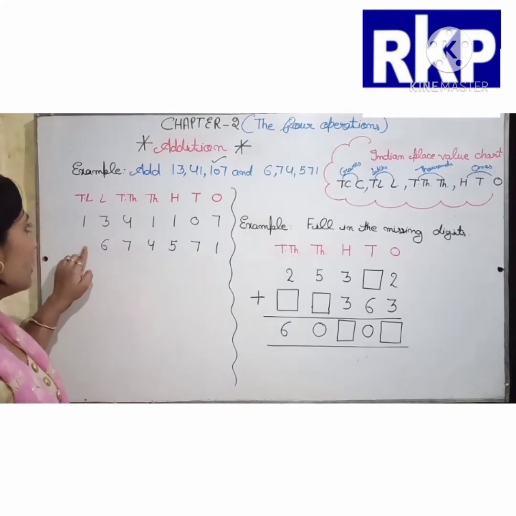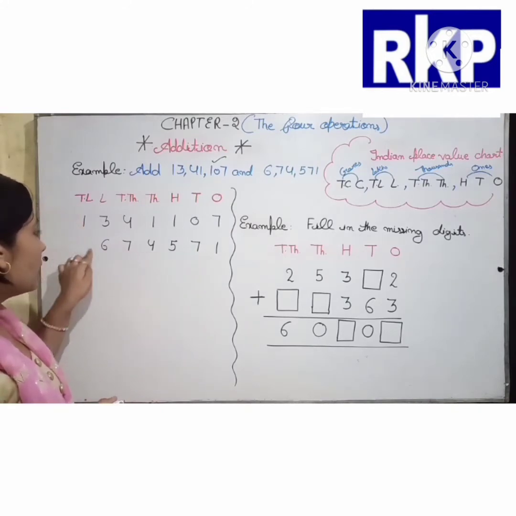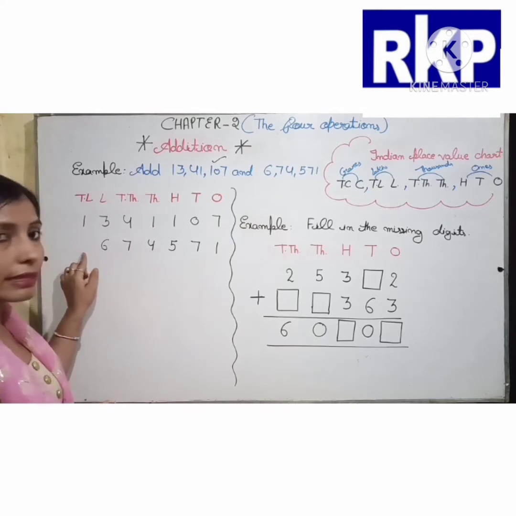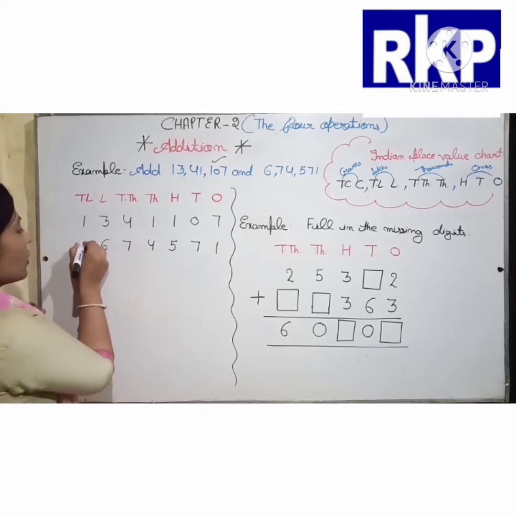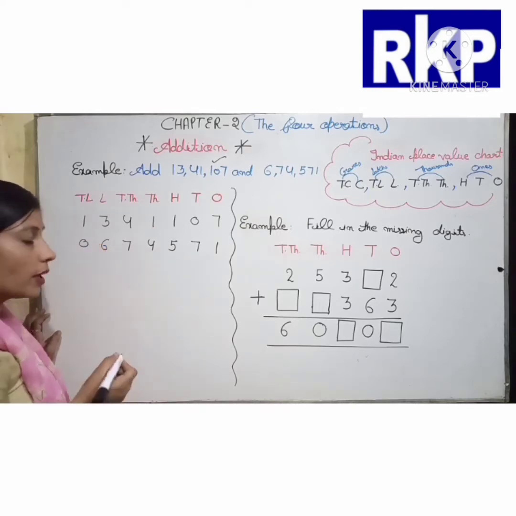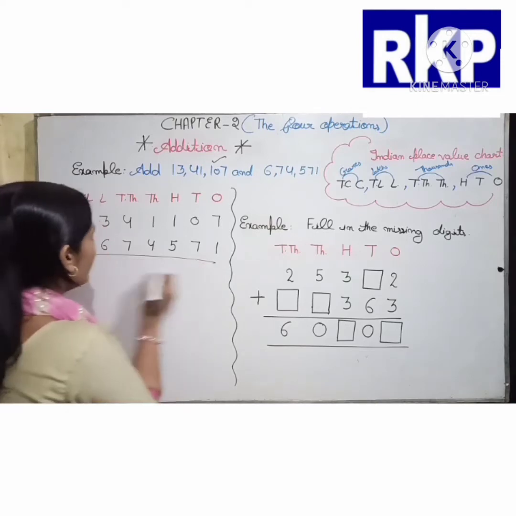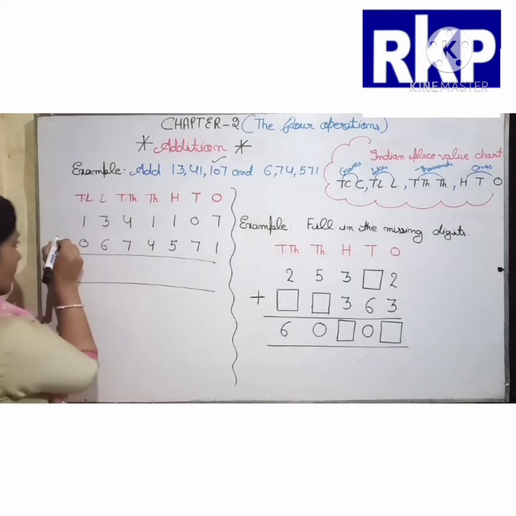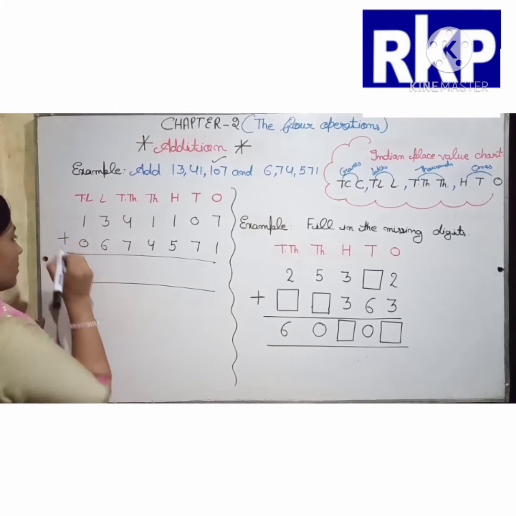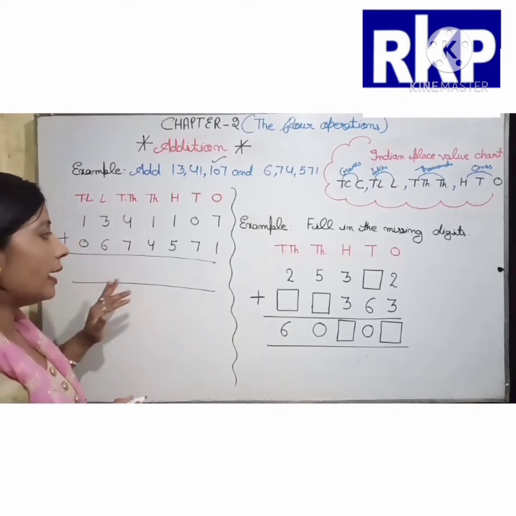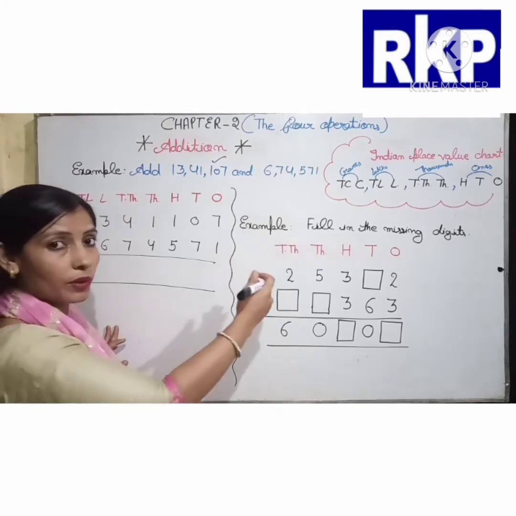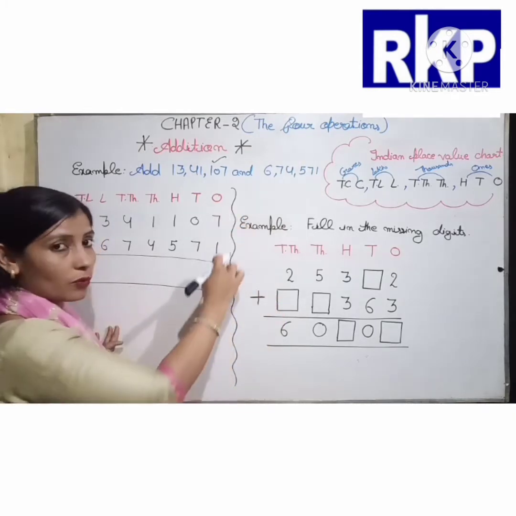And here in 10 lakhs place, in this number we don't have any digit, so here you can write 0. Now we have to add, so we put the symbol of addition, and we have to start adding from the right side, from ones place.